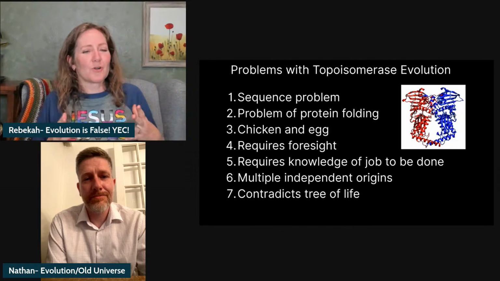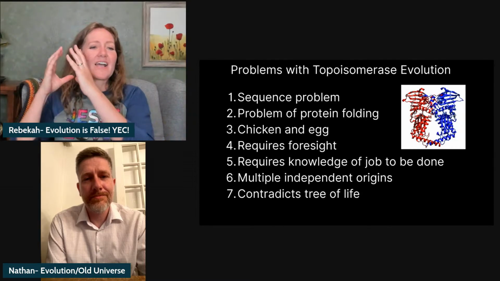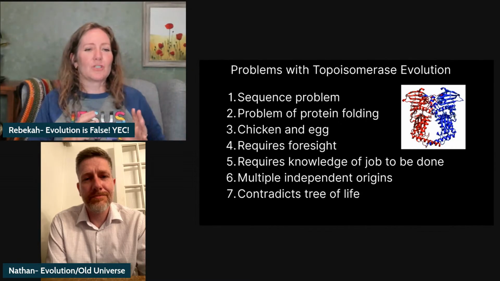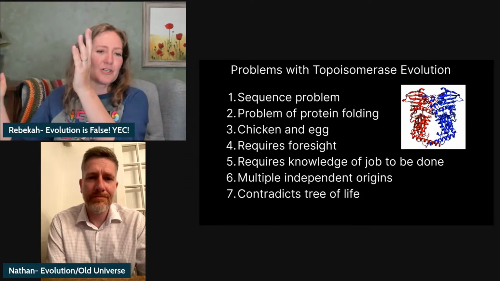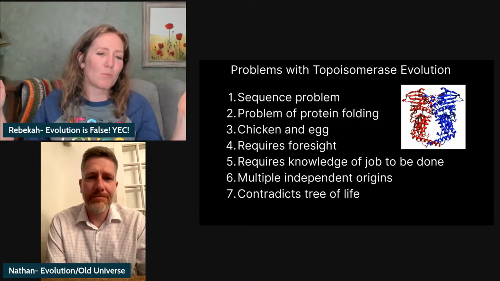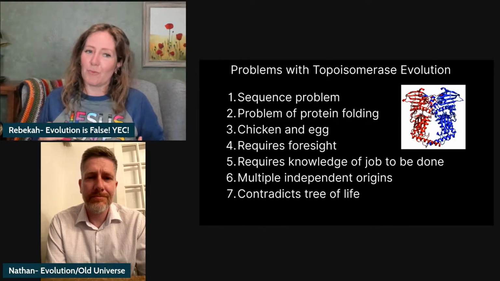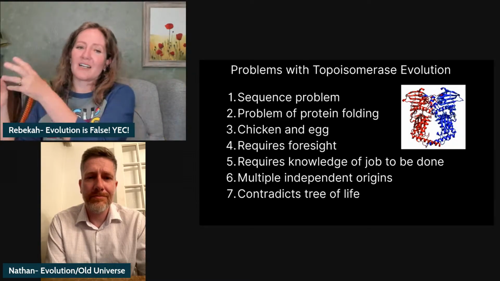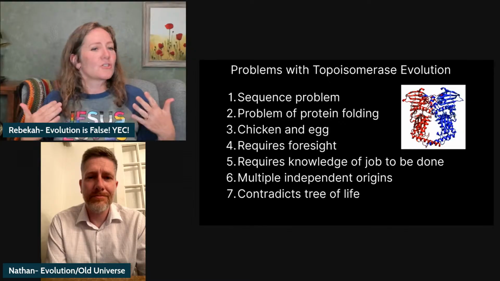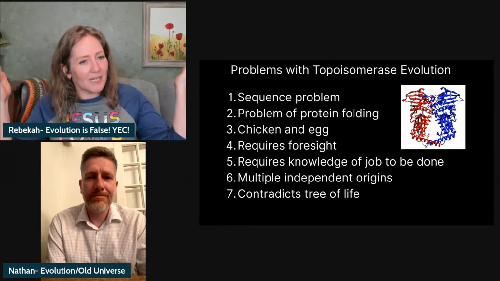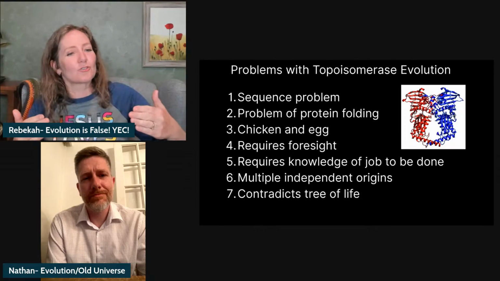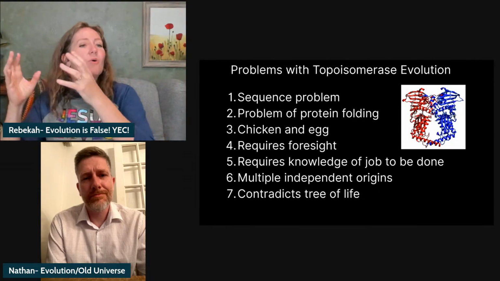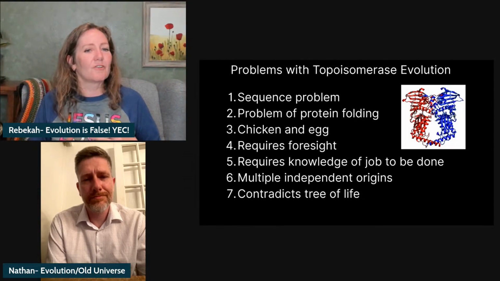Why can't we group it in one way that actually makes sense? If you look genetically, you have to group creatures in a different tree of life than if you do it by morphology. And if we do it by proteins, we've got a completely different tree of life. So if there really was a common ancestor that we evolved from, why isn't there a consistent tree of life that makes sense with all the facets of what we see in life?